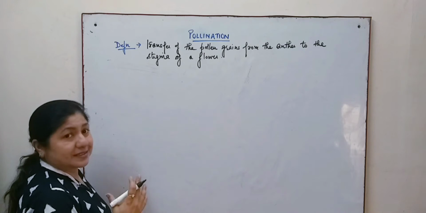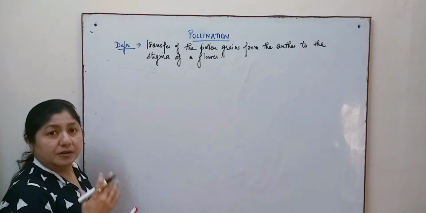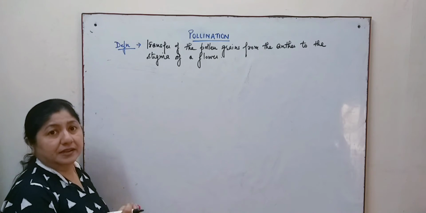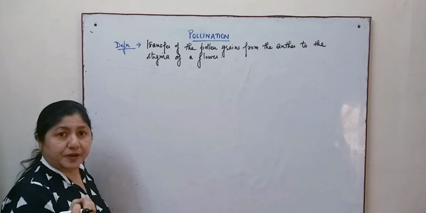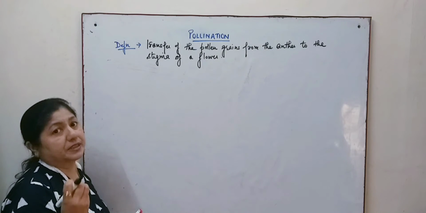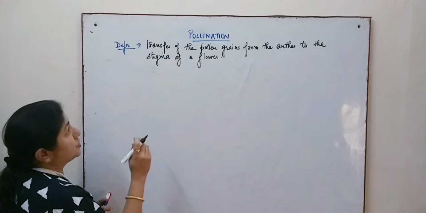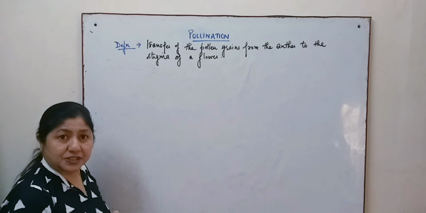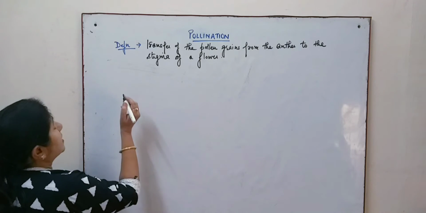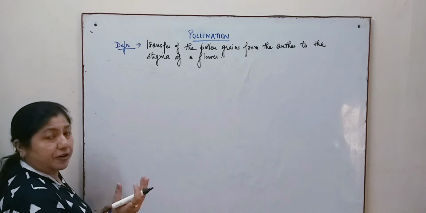So it is necessary for the pollen grain and the female gametophyte to fuse together to bring about syngamy. Now pollination depends upon various factors, and these factors may be biotic or abiotic.